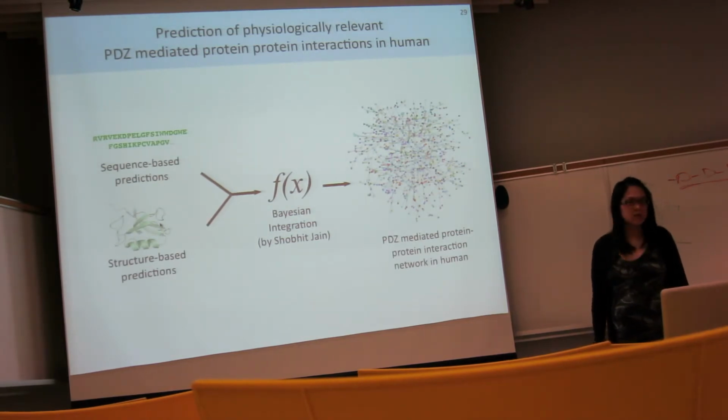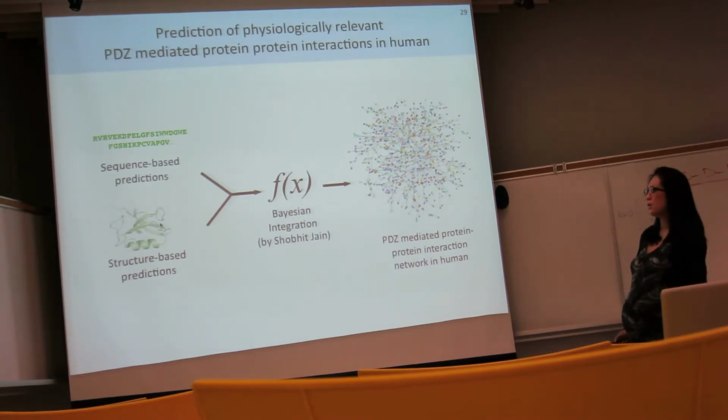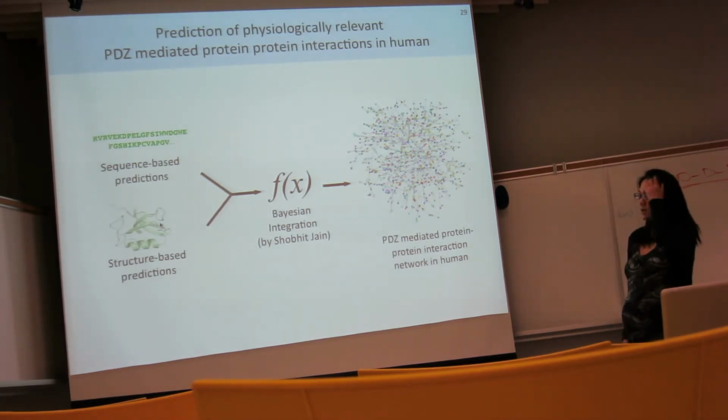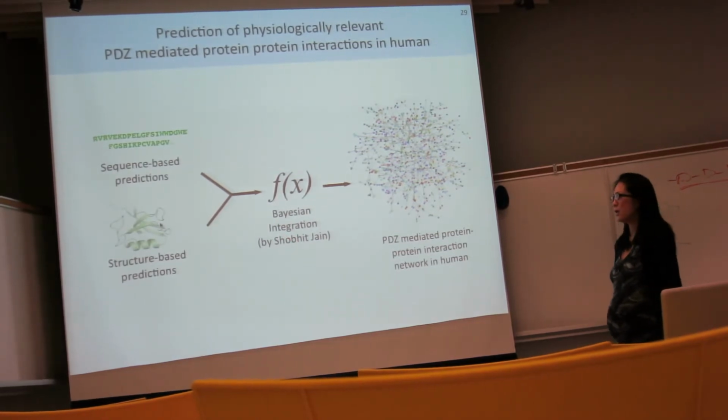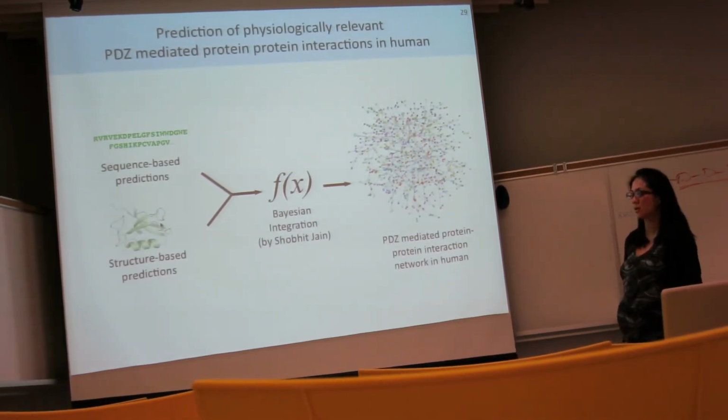So because our predictions are based on sequence or structure information, the interactions that we're predicting are not necessarily physiologically relevant. And so in order to identify such interactions, I used a Bayesian integration system, which was developed by Shirley Jane in our lab, and then took the filtered interactions and then built a PDZ-mediated protein-protein interaction network in human.